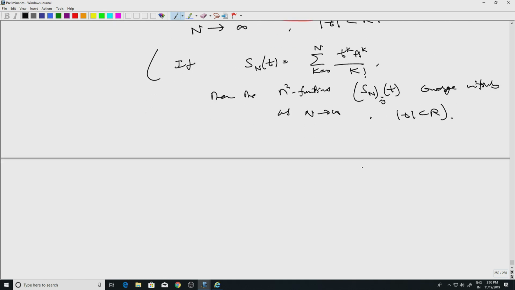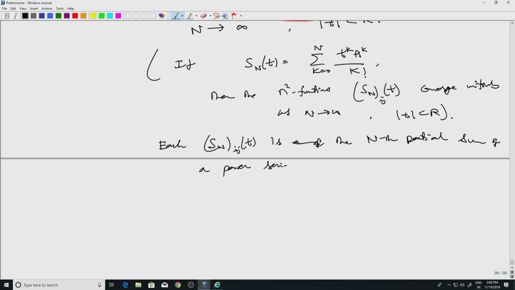So each S_N ij(t) is the Nth partial sum of a power series in t.